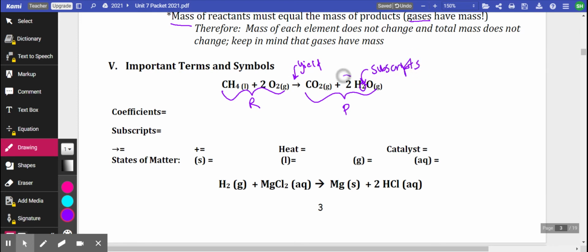And then you have the big numbers out in front, which are the coefficients. Okay? And then you have and signs, the plus signs, if you have more than one reactant or product on either side. So coefficients are your big numbers that are in front of the formulas.